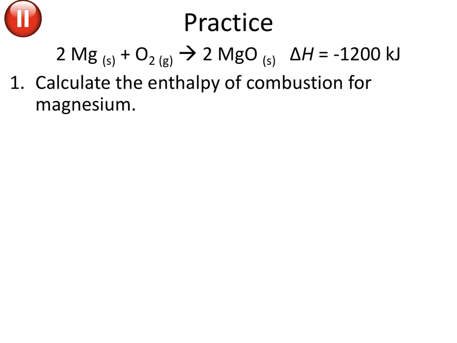Alright, so welcome back. It says calculate the enthalpy of combustion for magnesium. So what we're looking for is delta H_C. And if we rearrange the equation, we get delta H over n. Now, in this case, we actually have delta H already. It's given to us over here. So our delta H, we're going to put that in there, is negative 1200 kilojoules. Now, we need to figure out what's our n value.